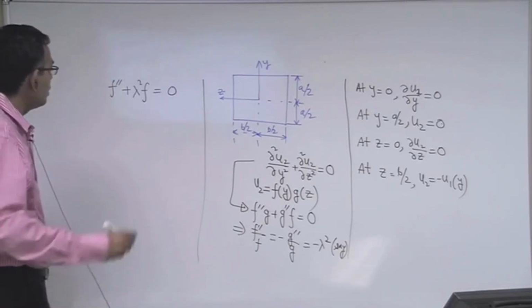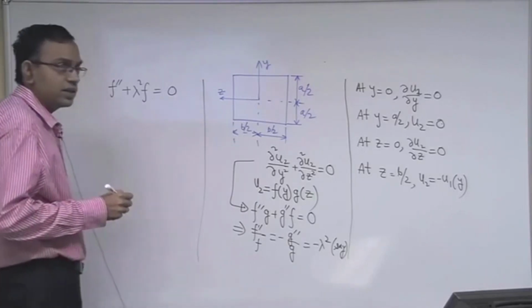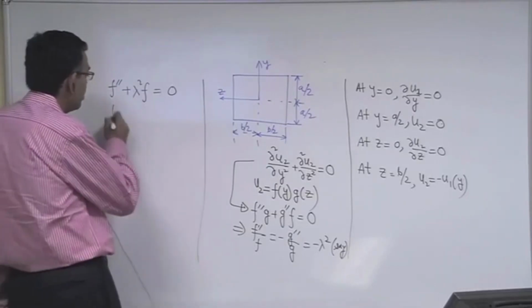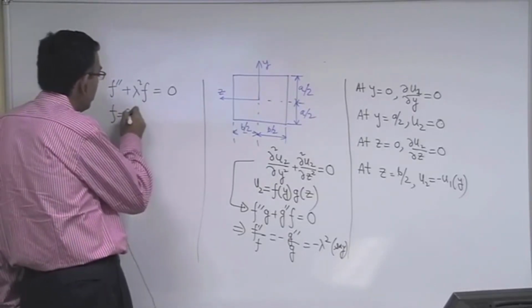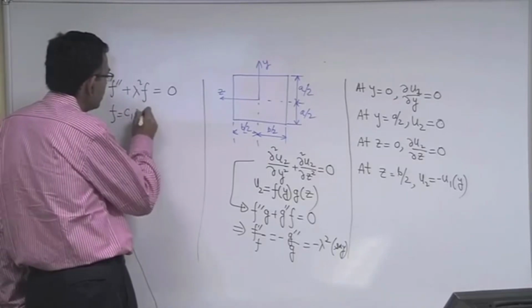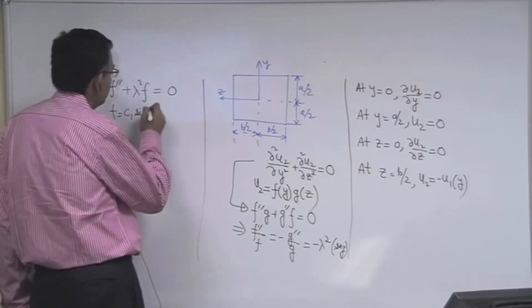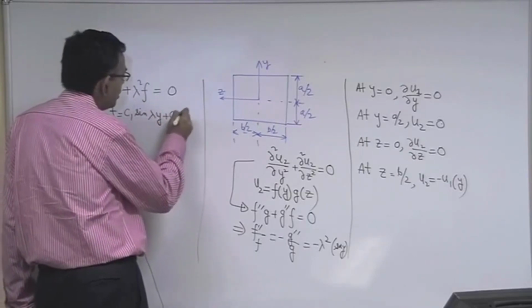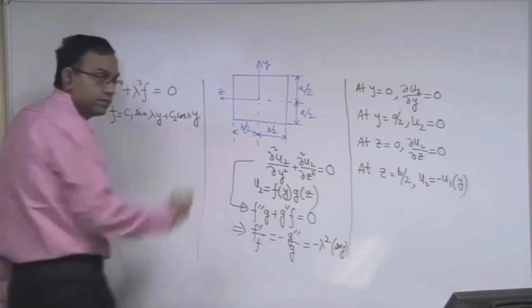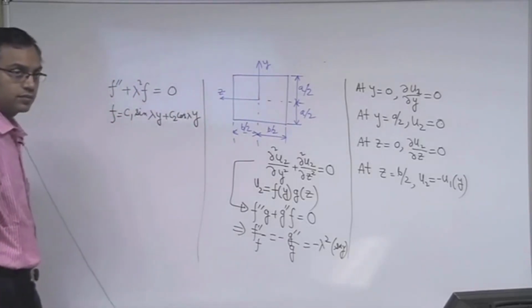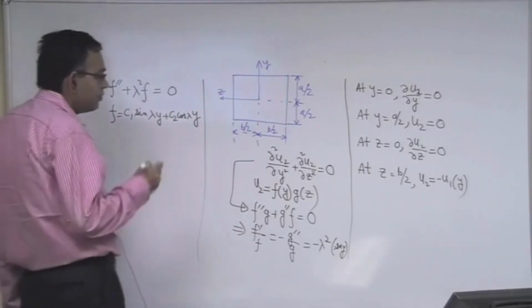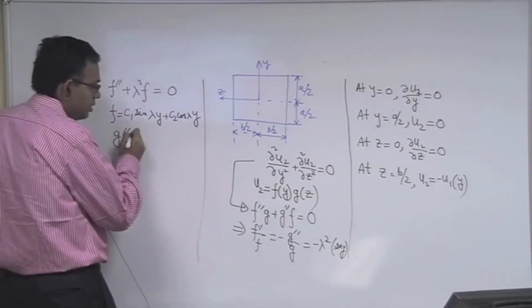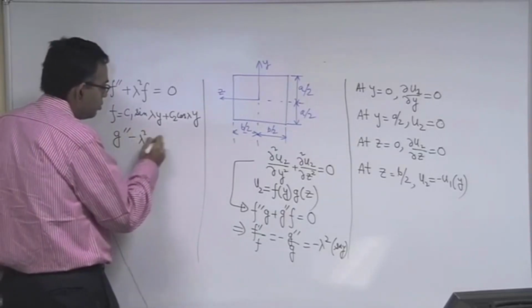What are the solutions of this? Sine and cos. So f is equal to say C1 sine lambda y plus C2 cos lambda y. Similarly, for G you have G double dash minus lambda square G is equal to 0.